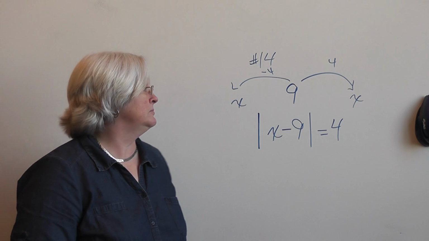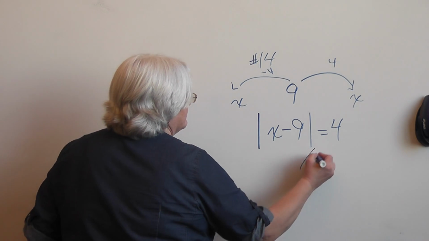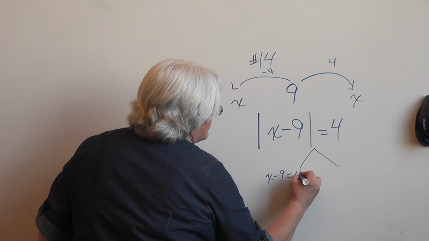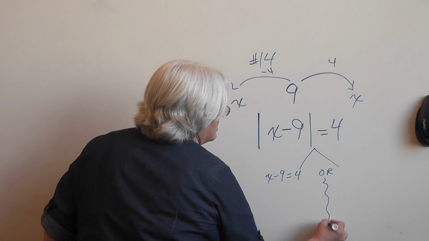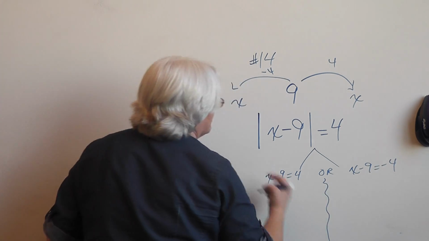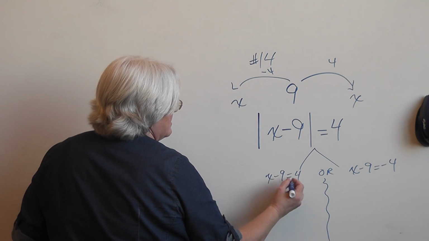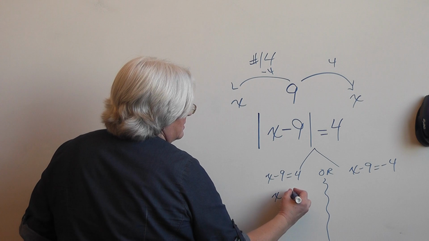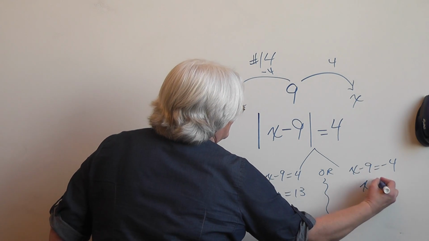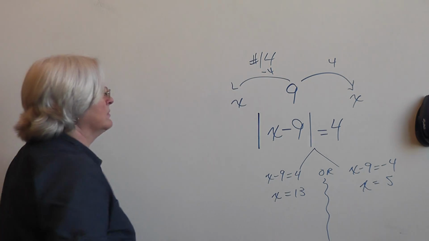Does this work? Let's solve it. x minus 9 is equal to 4, or x minus 9 is equal to a negative 4. Plus 9, x is equal to 13, plus 9, x is equal to 5.